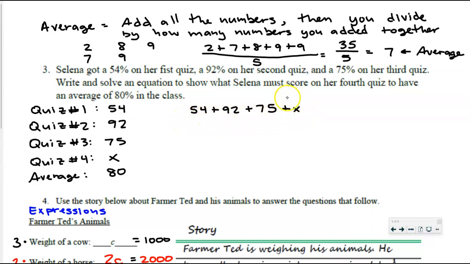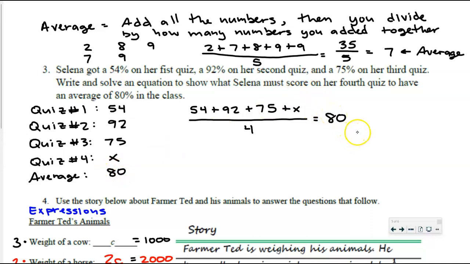We have to add up a number that we don't even know. When I've added up all these numbers, I need to divide, and what am I going to divide by? How many numbers did I just add together? 4. When I add and then divide, what do I need the average to be? 80%.